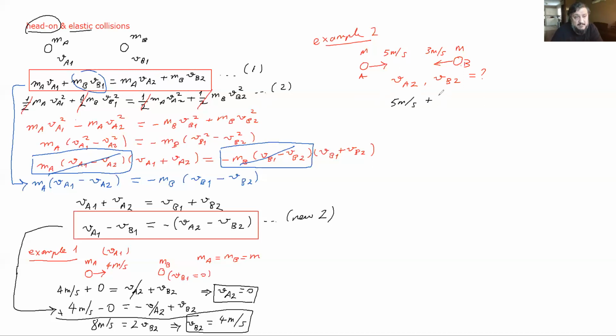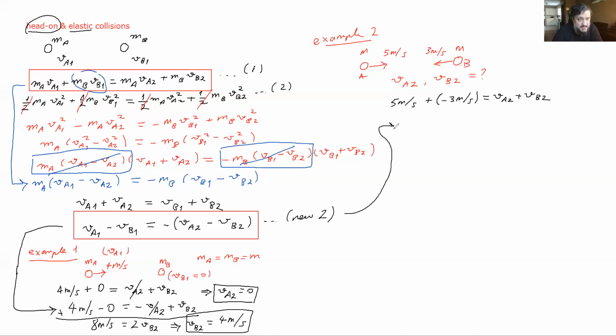So the component of the velocity is negative. So I'm going to write negative 3 meters per second. Right hand side, again, VA2 plus VB2. That was the first equation. The second equation, let's take this here.